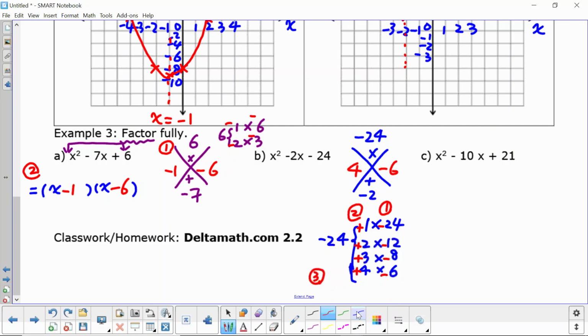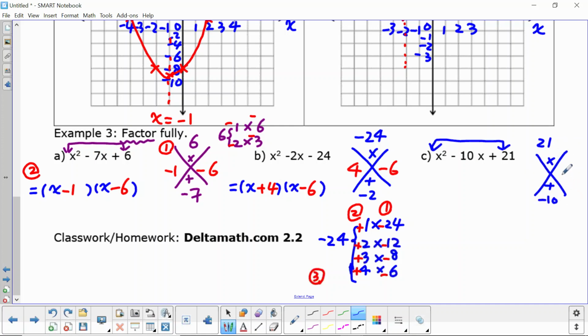Then we put in the bracket. x and x in the bracket first, and these two numbers just copy here in each bracket. That is that. And the next one, x squared, multiplied gives 1 times 21, and the sum equals negative 10.